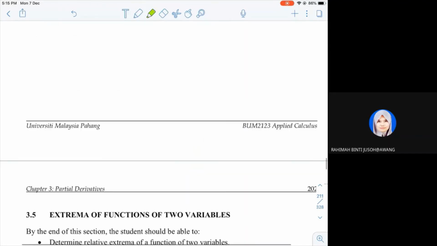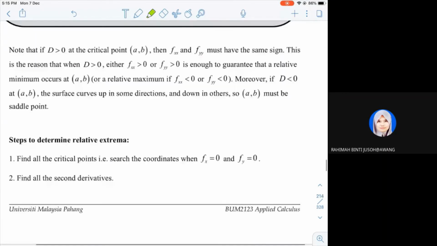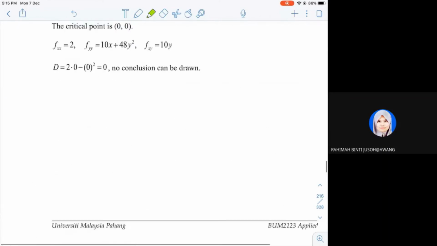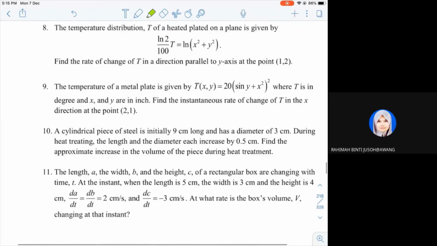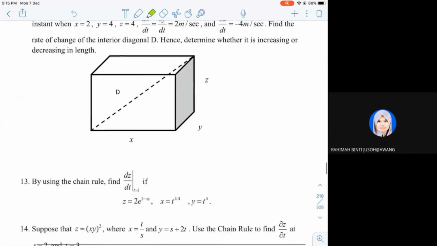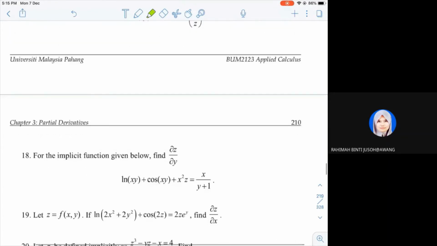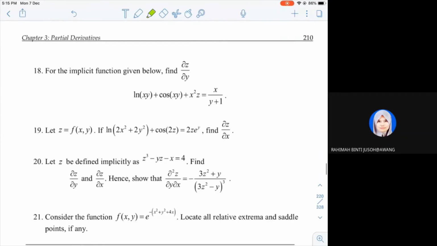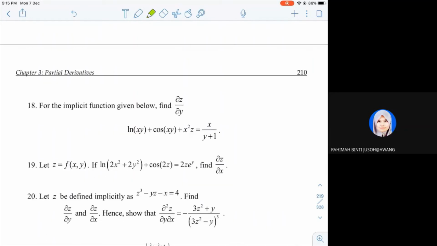Okay, so let's take a look at the tutorial question. Kita cari soalan yang susah sikit. Implicit differentiation. Ini chain rule. Okay, let's take a look at this question. Implicit kan? Okay, implicit function ni. Question number 18.